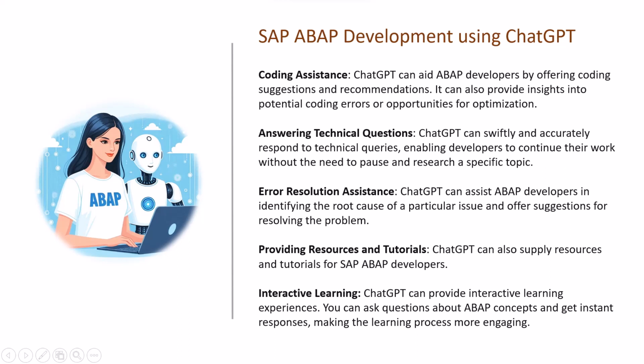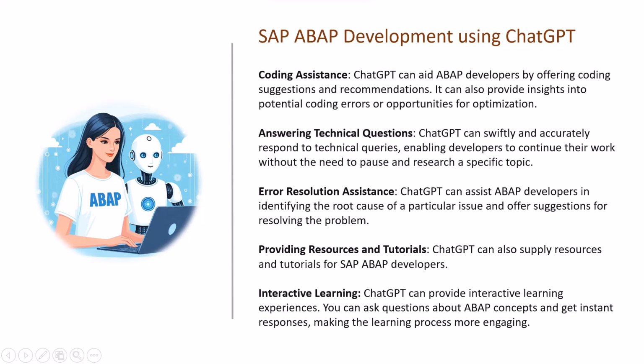If you are trying to understand a new SAP ABAP concept, ChatGPT can provide explanations and examples for better understanding. If you are stuck on a particular problem or error, ChatGPT can help you brainstorm solutions or find relevant information that might help you. It can be a great tool for interactive learning.